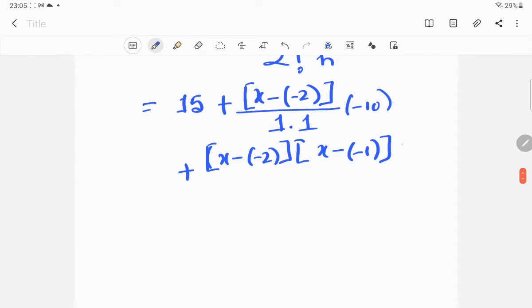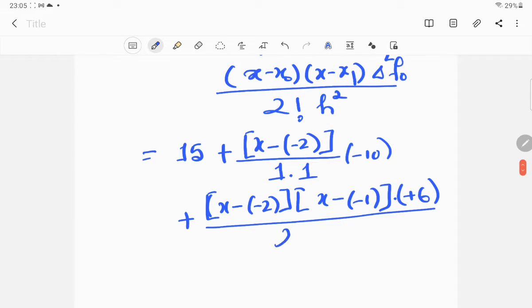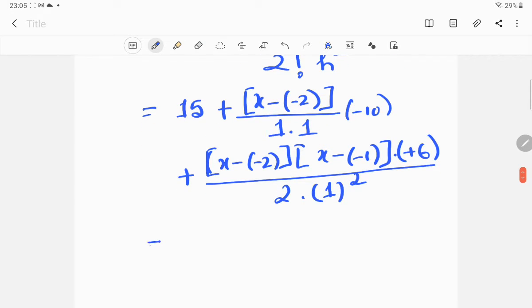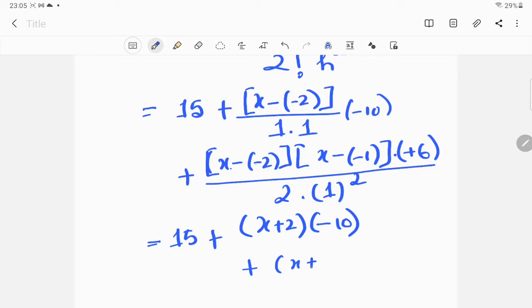Plus 6. So it is plus 6 divided by factorial 2 means 2, h square means 1 square. So finally it is 15 plus (x plus 2) into (minus 10 plus x minus 2), (x plus 2) again (x plus 1) into 6 divided by 2.